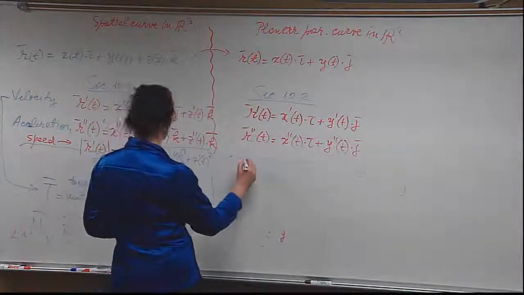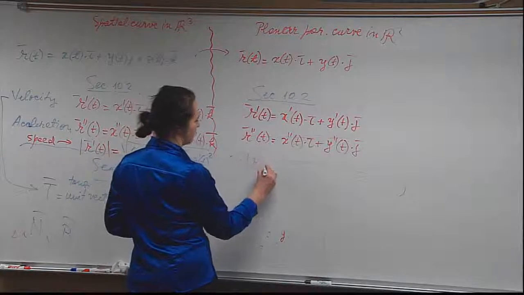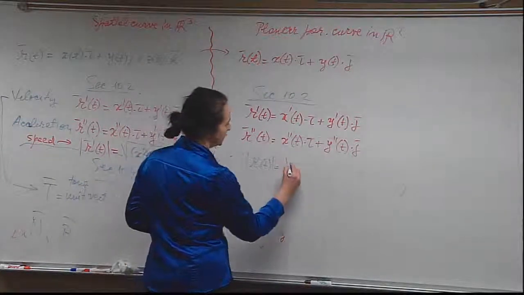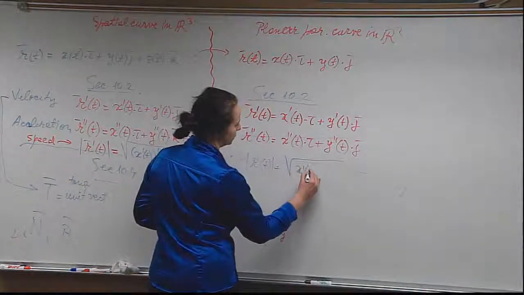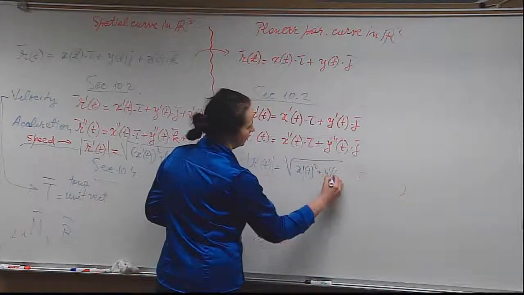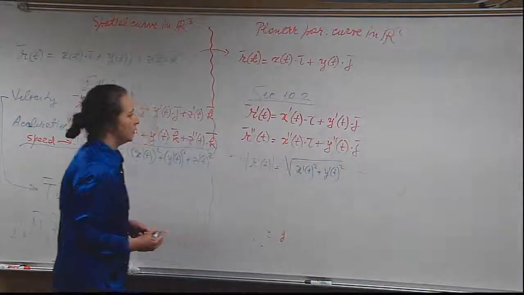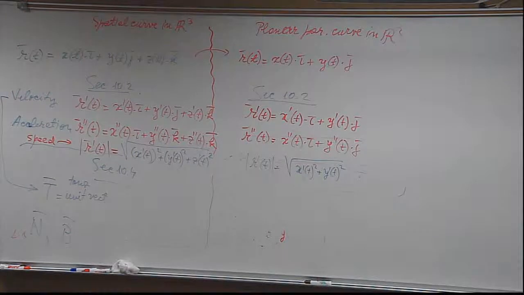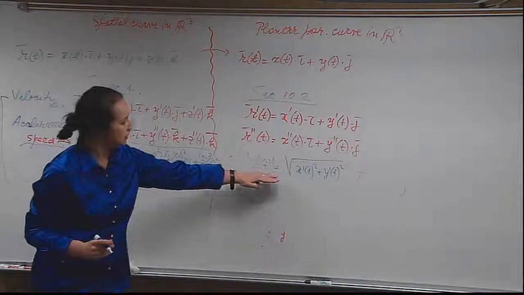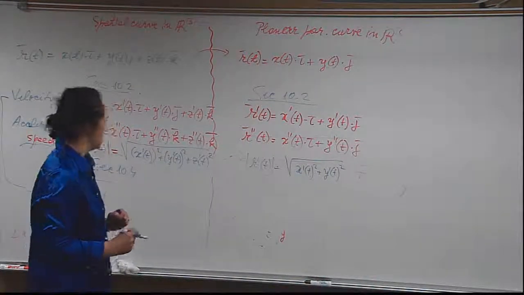Of course, the planar curve will have a speed that all of you know about, and that's going to be square root of x prime of t squared plus y prime of t squared. You should do your own thinking to see what the particular case will become.